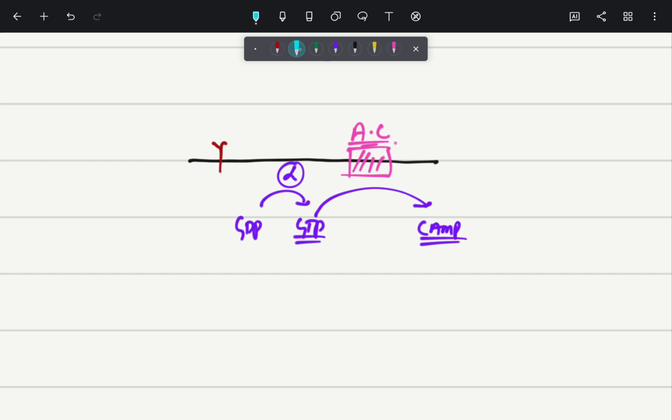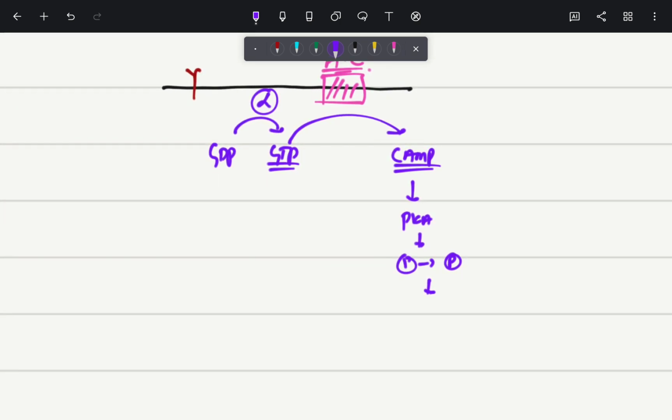Now this cyclic AMP will induce protein kinase. Protein kinase will do phosphorylation of certain proteins, and there will be a physiological response.